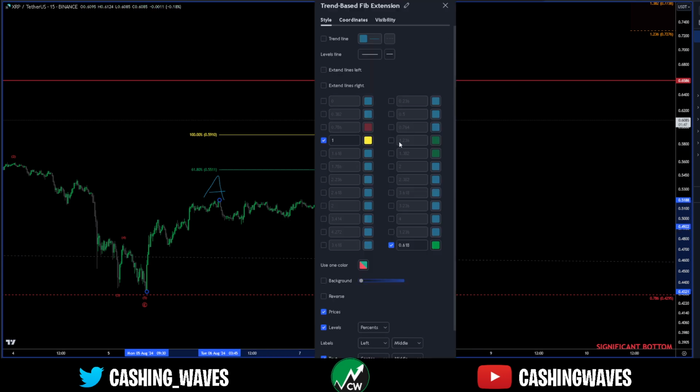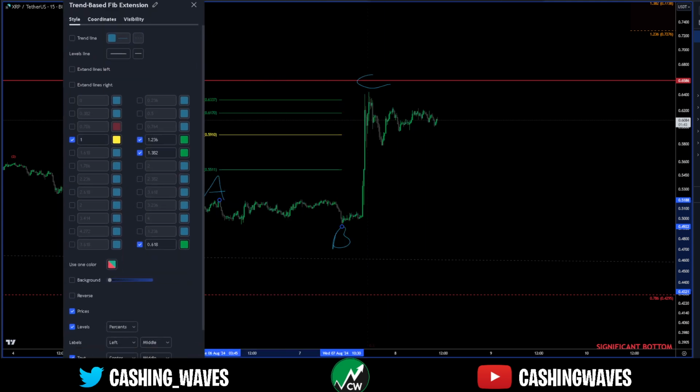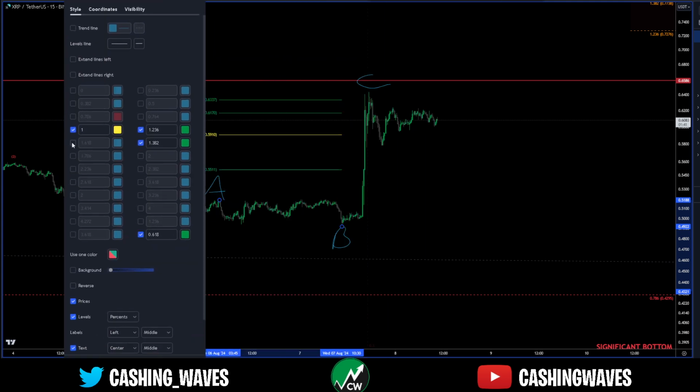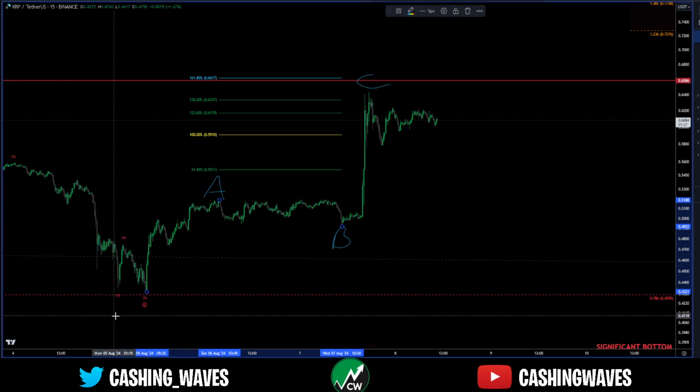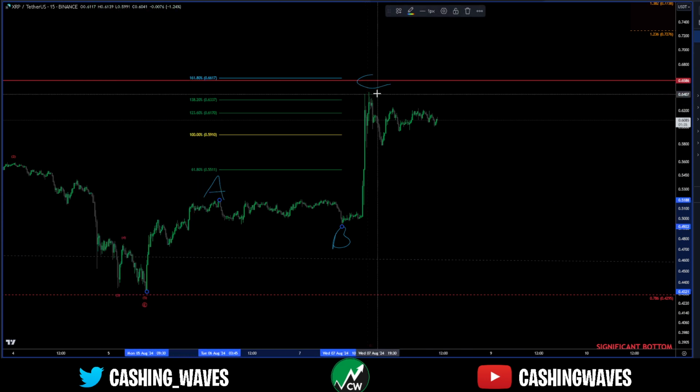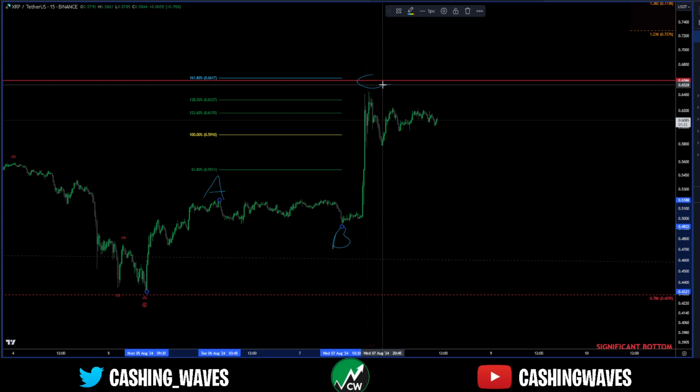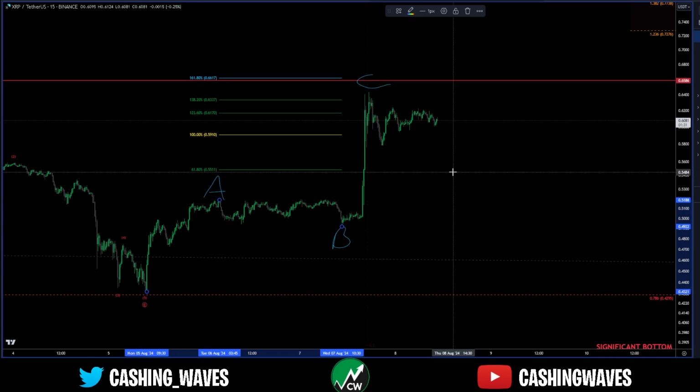Looks like we're actually at a common target. If we pull it that way, we hit the 1.382 extension, which is a common target for a C wave for B in a zigzag, right? So this can be a zigzag as well.